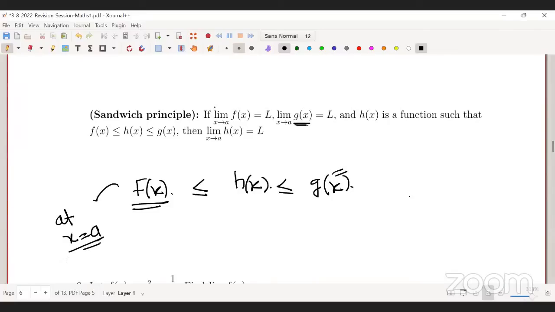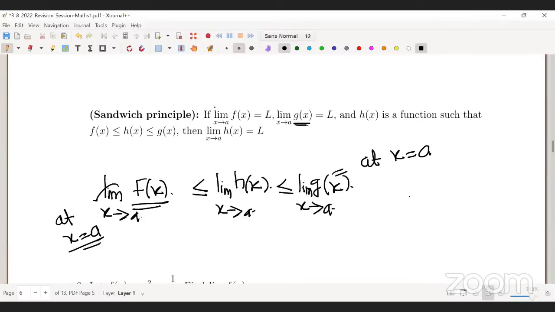Since we know the limits of these functions at x equal to a are the same, if you take the limit, it will also satisfy this inequality. But this is L and this is L, which means the limit of h of x is also L.